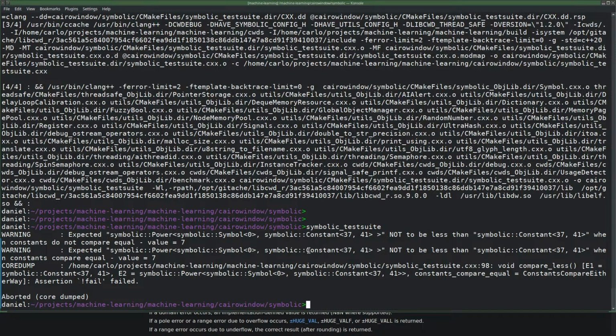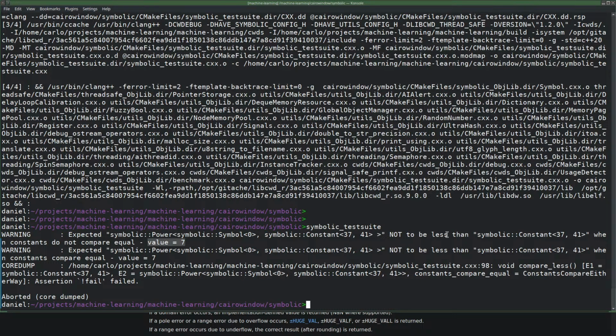Okay, this went wrong. Now we see the value of value. First, is it correct? Expected symbol 0 to be less than a constant. Yeah, I don't think so. Oh, not less, sorry. Symbol 0 should be not less than a constant.